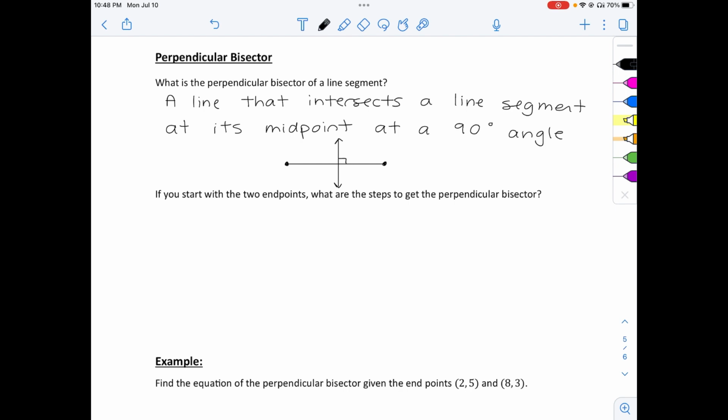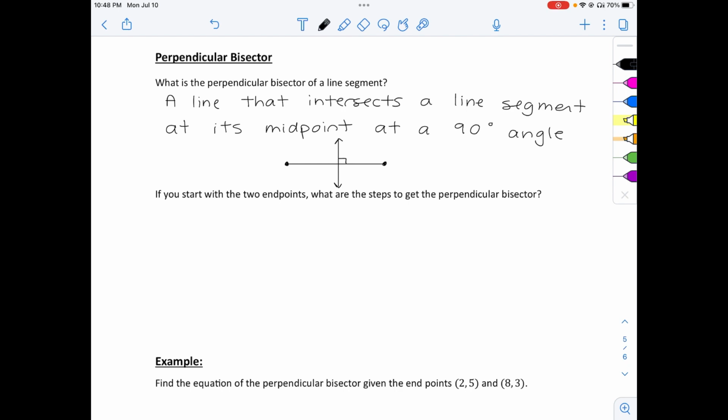So if you start with two endpoints of a line, these are the steps that you will take to find the perpendicular bisector. This is similar to the median and the altitude of a triangle in the sense that you are going to get an equation, and that equation will represent the perpendicular bisector. So steps 1, 2, and 3 can kind of be interchanged depending on your preference.